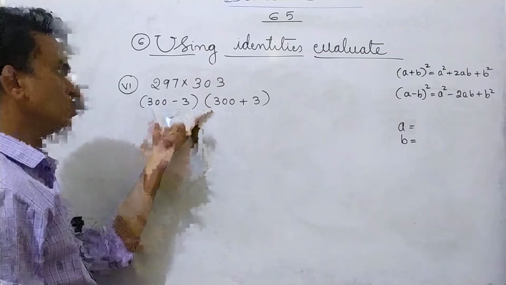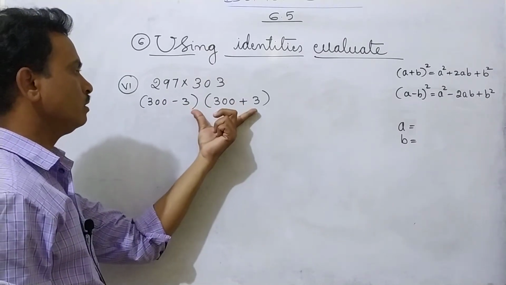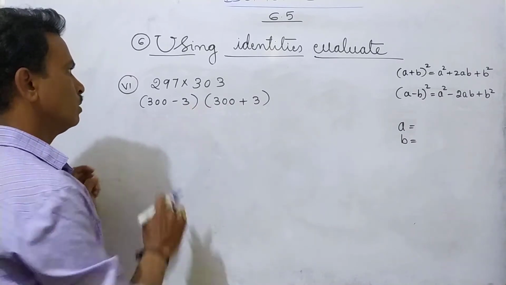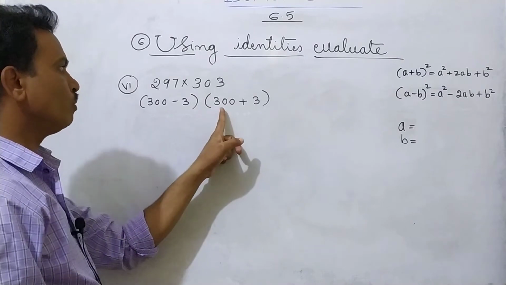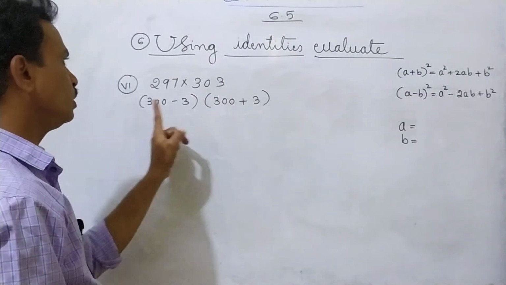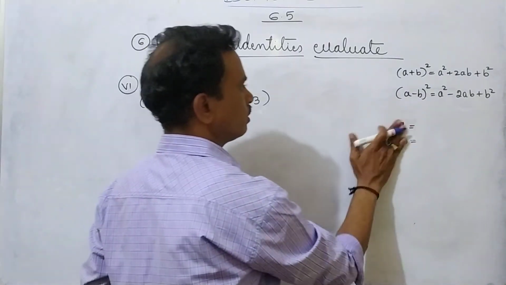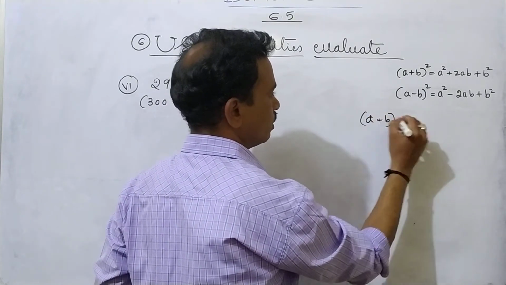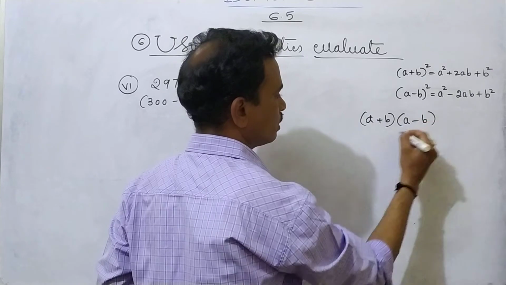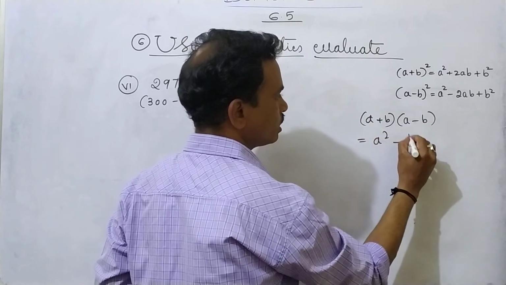Now here first two terms are the same, second terms are also the same: 300, 300, here 3, 3. That means you know that one formula is there: (a plus b) into (a minus b) is equal to a square minus b square.